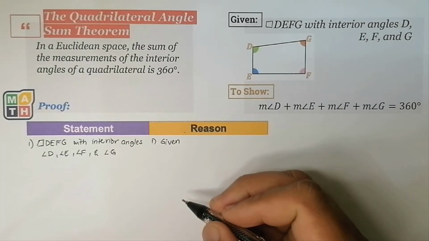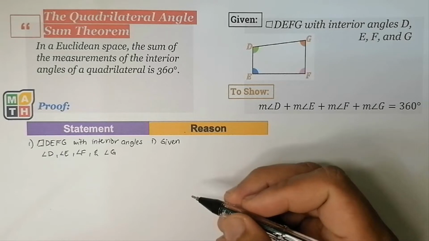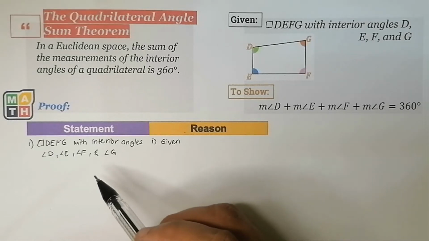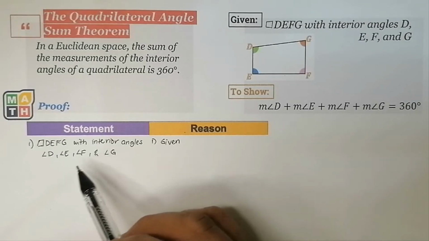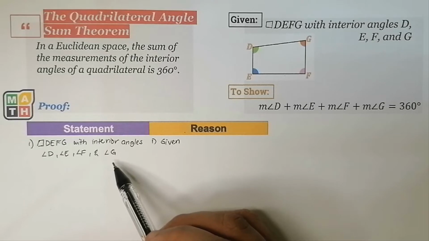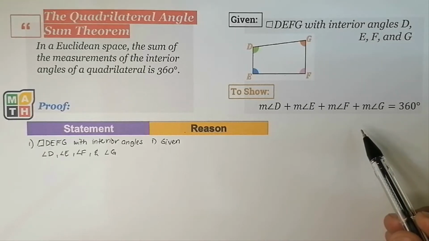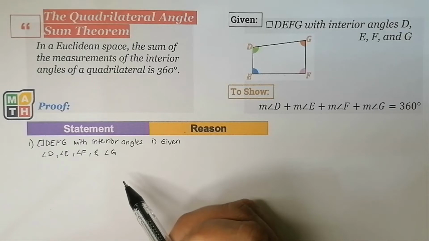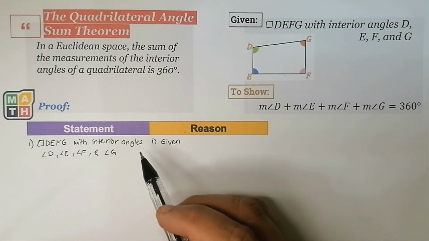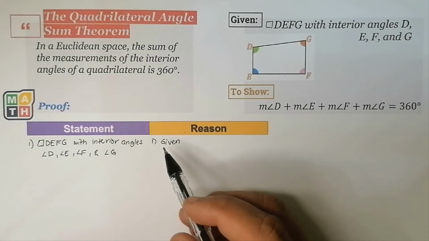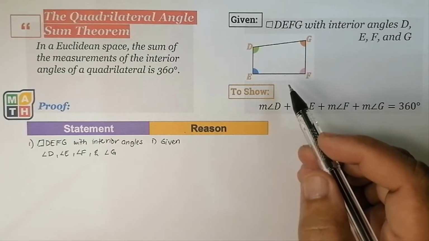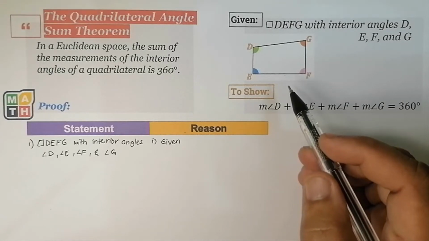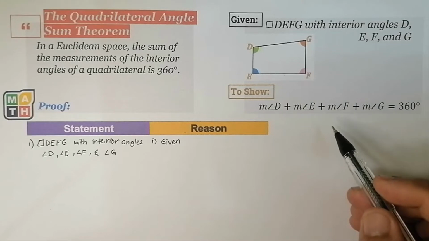The next part of this proof is where we establish relationships that we could draw with these interior angles that will arrive at this statement here. Still, there is also an option for us to construct something in this figure that is acceptable and may help us prove this statement here.